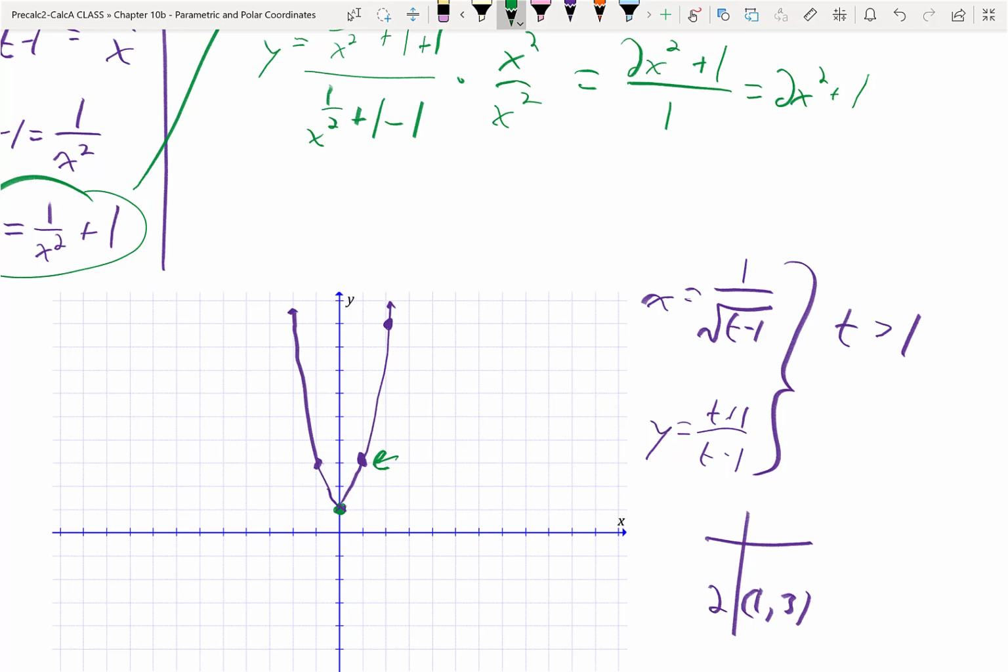Well, we can check this based on this right here. When t is greater than 1, let's think about t equal to 1.1. This is when I'm really, really close. 1.1 gives me 1 over the square root of 10. It's really a tiny number. So I'm basically getting close to 1. I'm getting almost an x equal to 1.